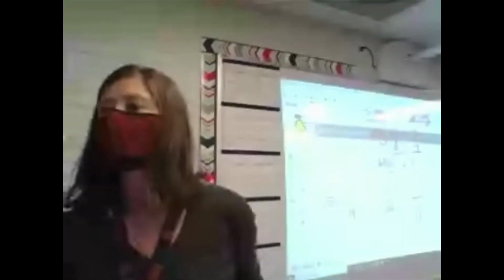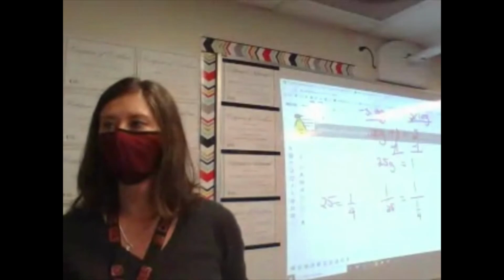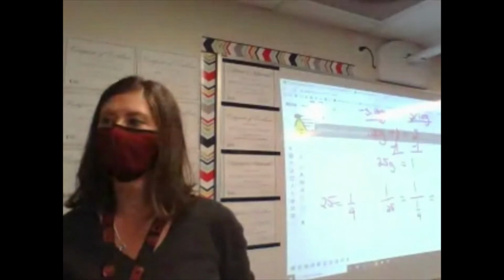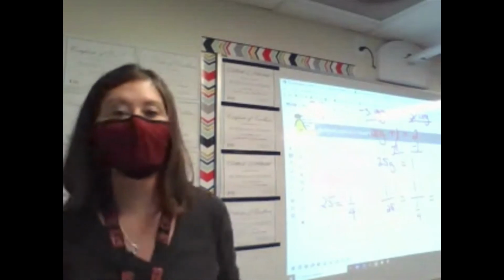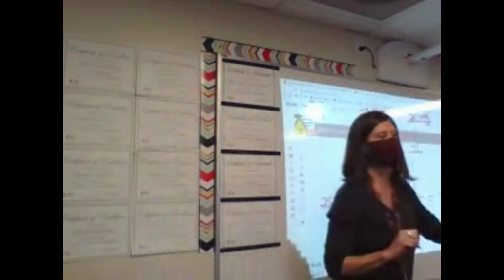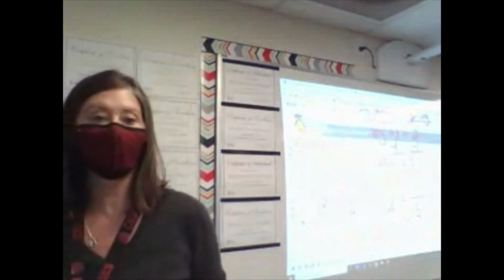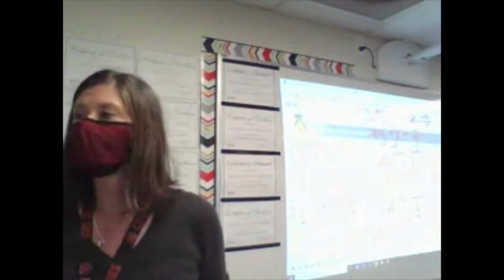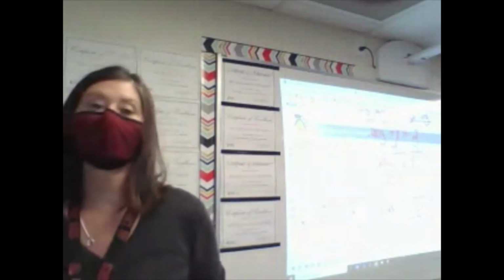So instead of saying 1 divided by 1/4, I could take my 1, and instead of dividing, I'm going to multiply, but flip this fraction upside down. So it's going to be the inverse. Instead of multiplying by 1/4, I'm going to multiply by 4/1.